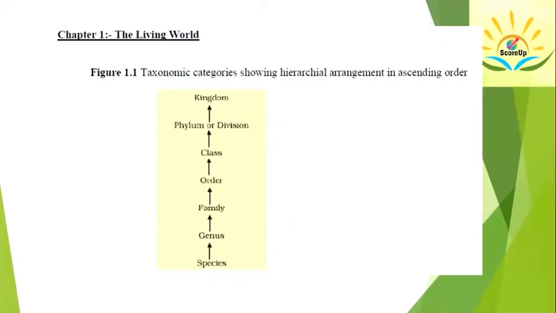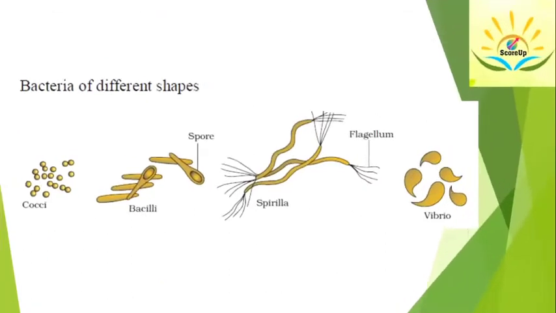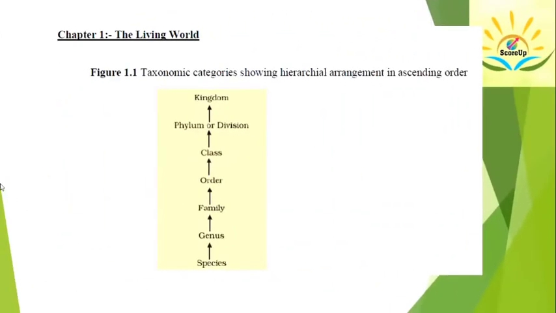So, the living world. In the living world, these are all the pictures given in NCERT. The first picture is the hierarchy of kingdom, the taxonomic hierarchy. What is taxonomic hierarchy?